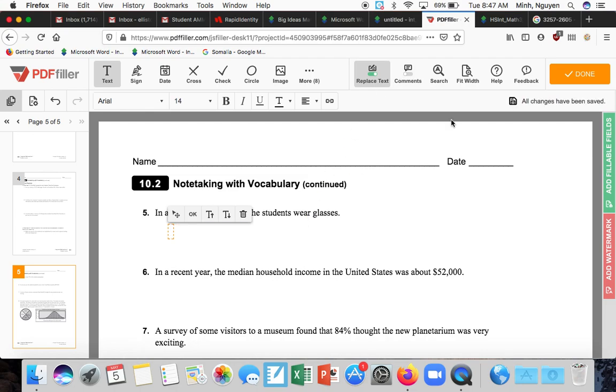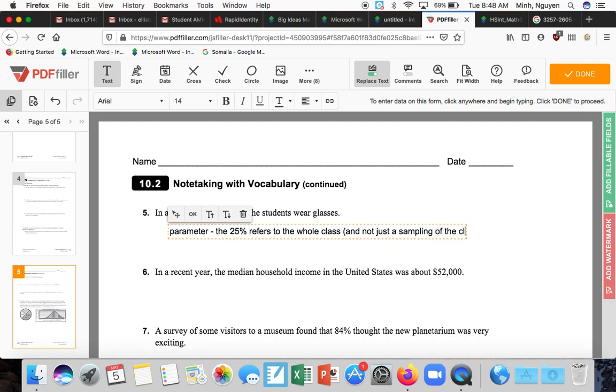We've surveyed everyone, so this is a parameter. The 25% refers to the whole class and not just a sampling of the class.